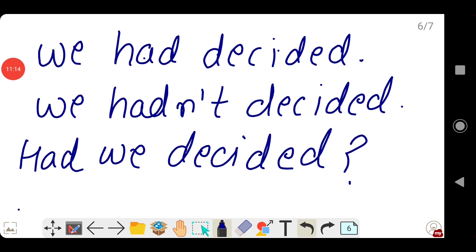Had we decided? Again, we had decided. We hadn't decided. Had we decided? We had decided to buy something. We hadn't decided to buy something. Whatever the object, you can make it yourself.